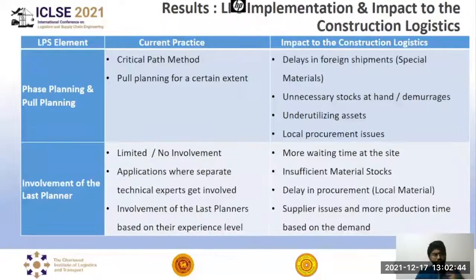Coming to phase planning and pull planning, mostly the critical path method is the highly used under the current practice. The pull planning technique is applied only in certain cases where there is special technical involvement, such as M&E involvement.